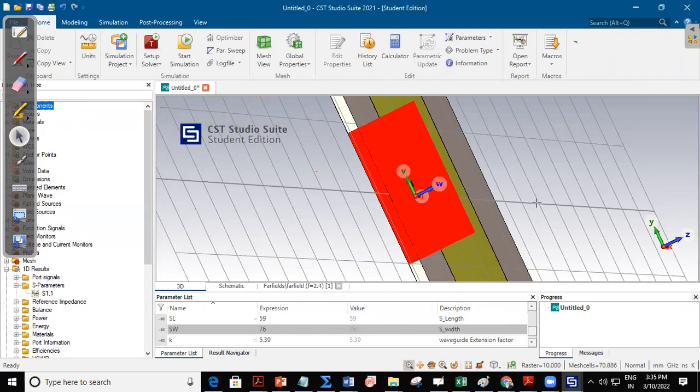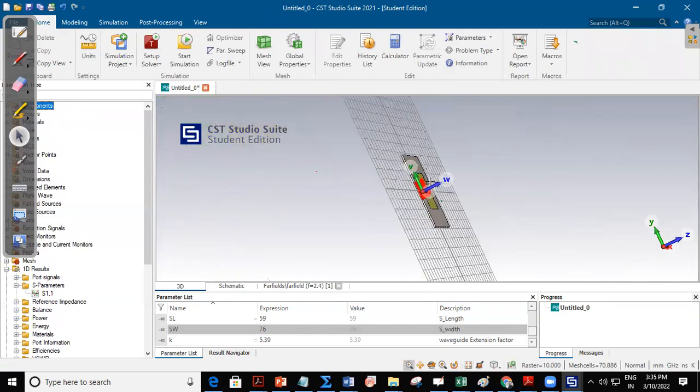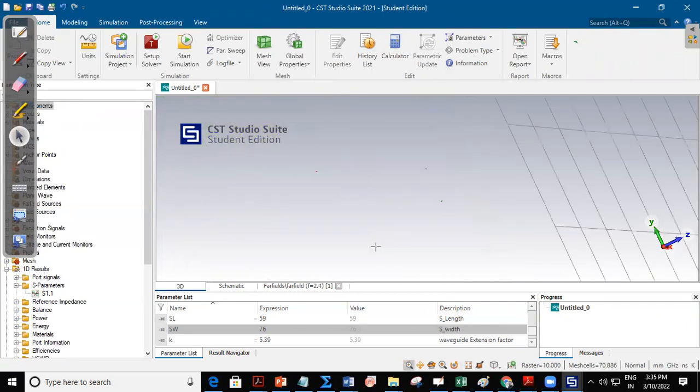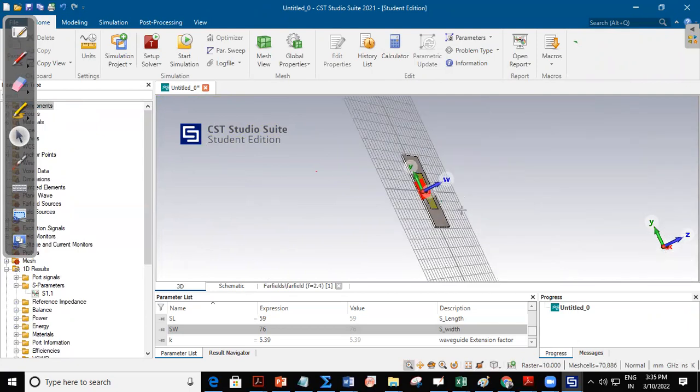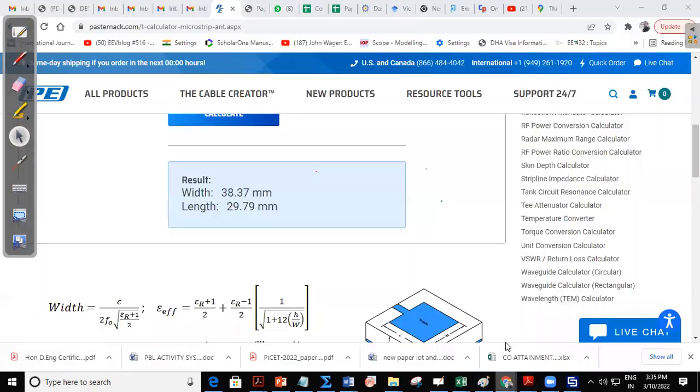And for the inset width, what we have to do, this was a patch structure which we created. But if you recall, this transmission line width, why was 2.6 taken? Everything has a reason. Here we have calculated it. You have the impedance calculator here.